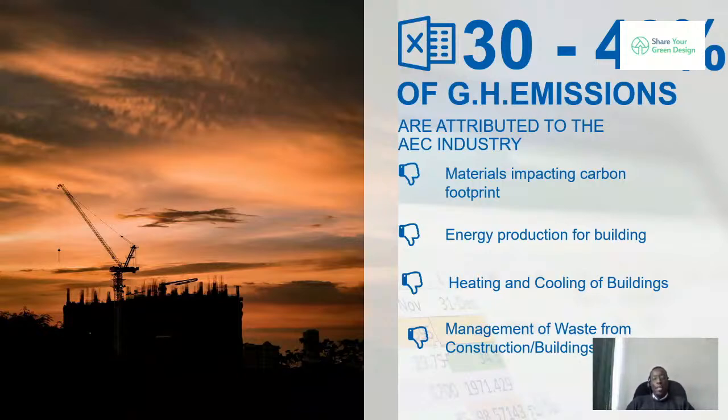We also have energy production for buildings, which leads to use of methods that continually harm the environment, and also providing heating and cooling for buildings, and management of waste during the construction process, and also management of waste from construction and buildings. All these factors contribute to about 30 to 40% of total emissions, which really is a huge number if we were to look at it in terms of the impact.